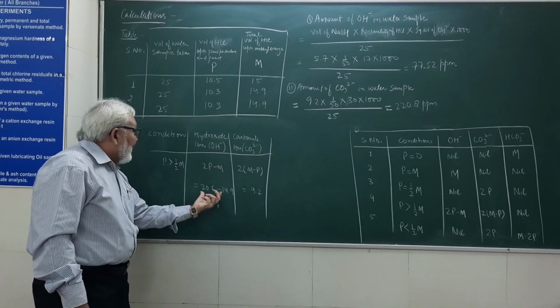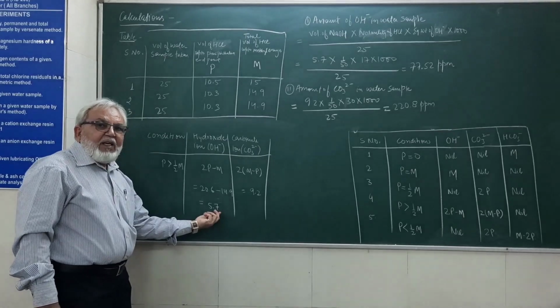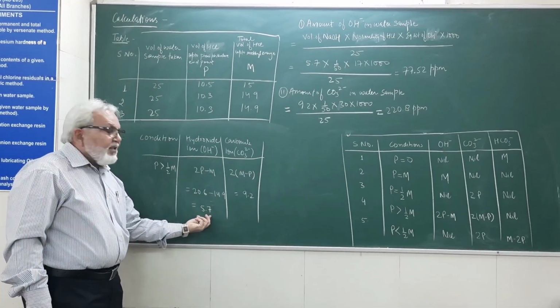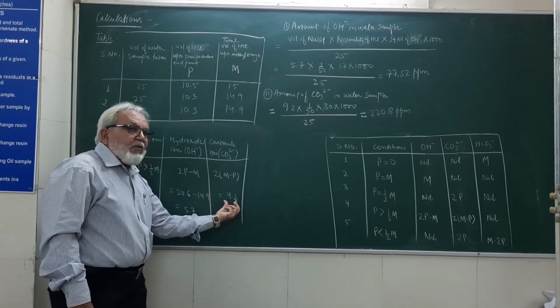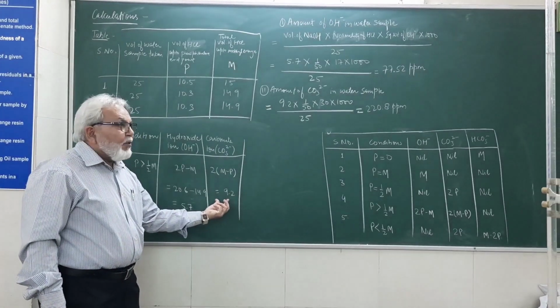So by this we can find out the volume of acid consumed for the neutralization of OH minus and the acid consumed for the neutralization of carbonate.